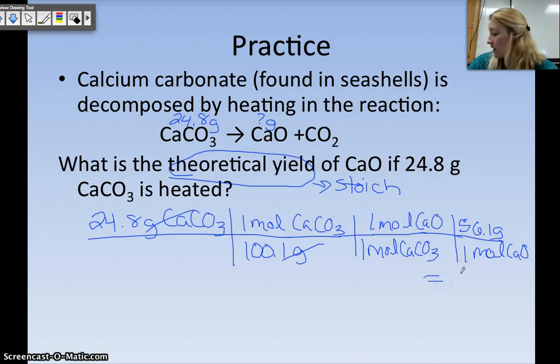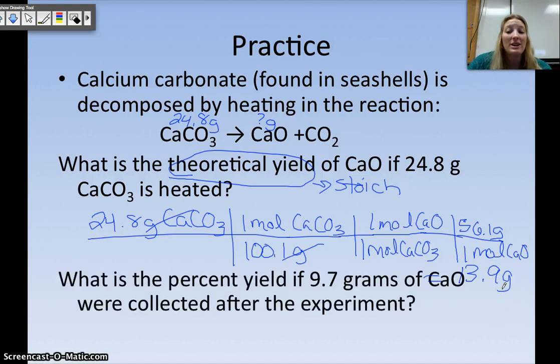If we calculate that out, theoretically, we should make 13.9 grams. So if we wanted to find the percent yield, if we actually got 9.7 grams in our experiment, we take our actual yield, divide it by our theoretical yield, divide that out, multiply it by 100, and we would end up with 69.8% yield. Not bad.